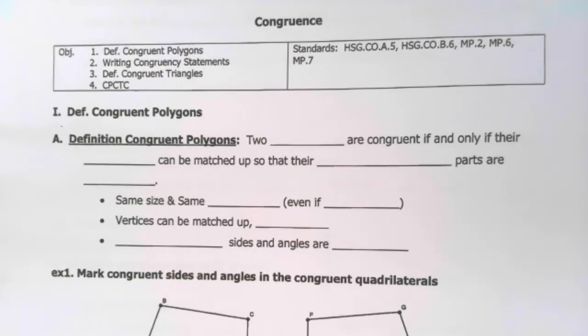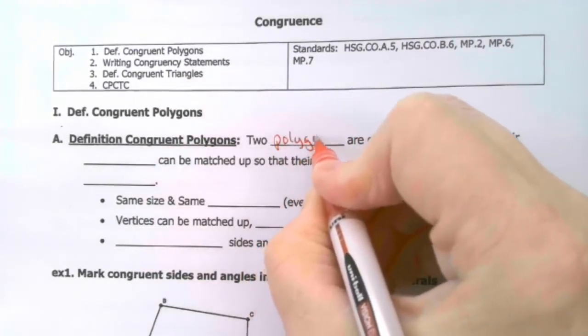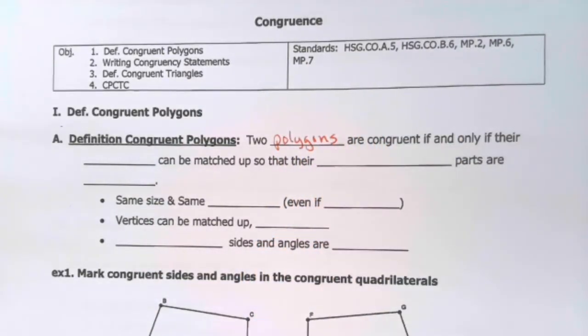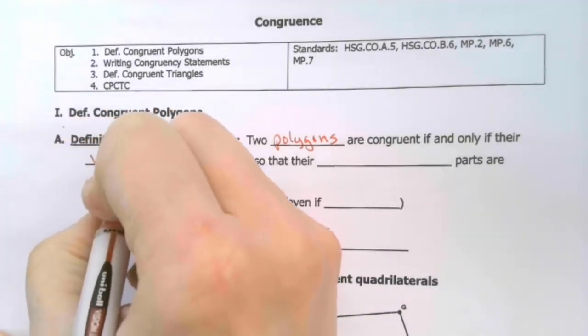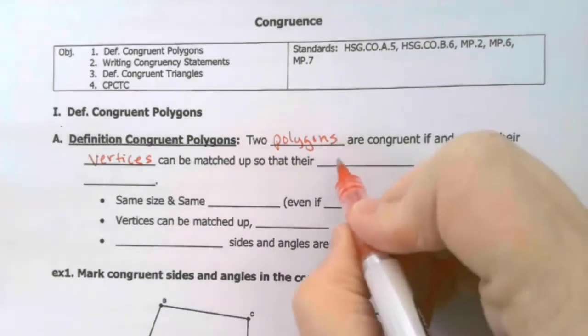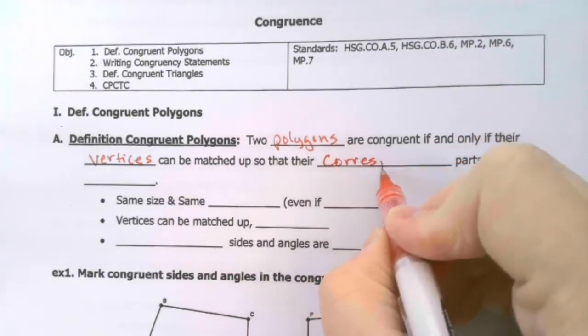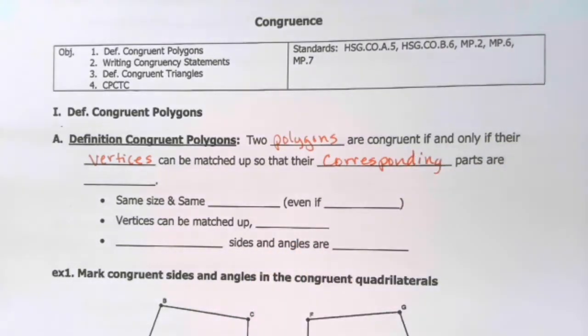Okay, so A, definition of congruent polygons: two polygons are congruent if and only if their vertices can be matched up so that their corresponding parts are congruent. Corresponding means matching.